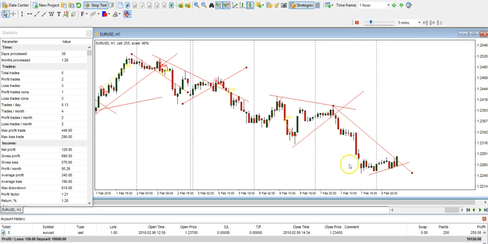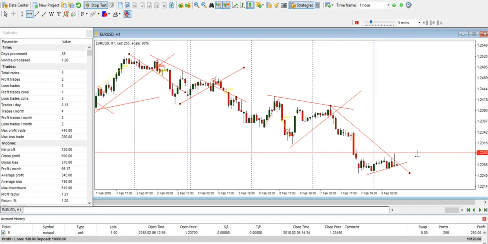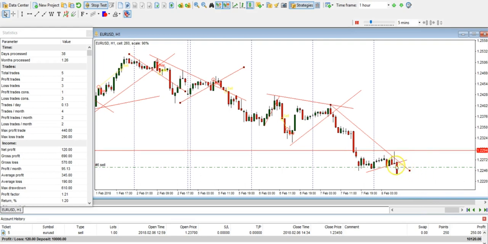Okay, so we'll have our buy line penetrated. Okay, so it's a sell. As you can see, penetrate the sell line.